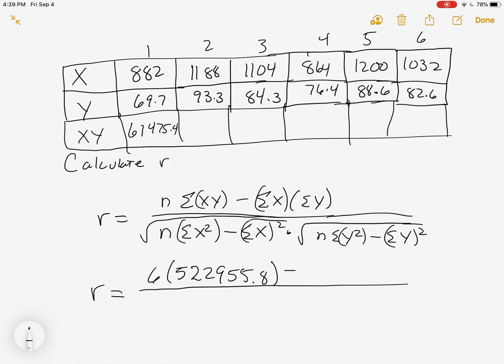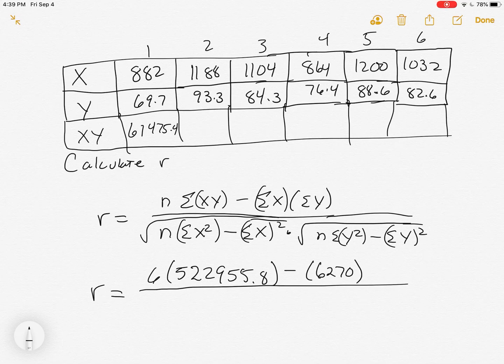So it's 6 times that number minus the sum of the x's. Well, that would be faster, right? 882 plus 1188 plus 1104 plus 864 plus 1200 plus 1032. And I got, for the sum of the x's, 6270.